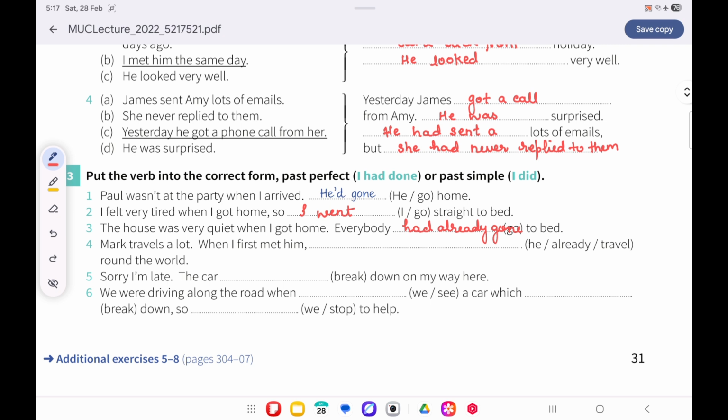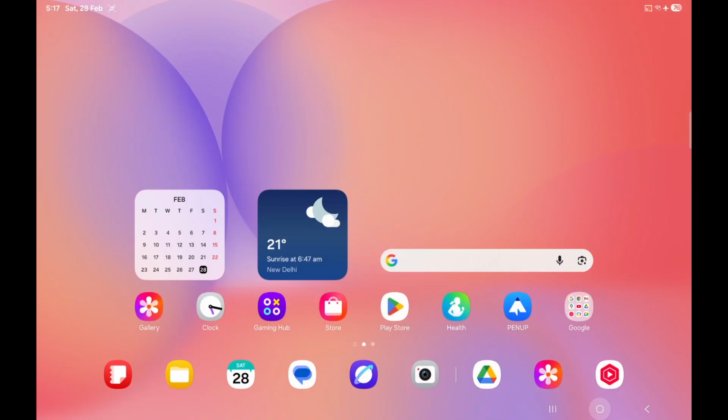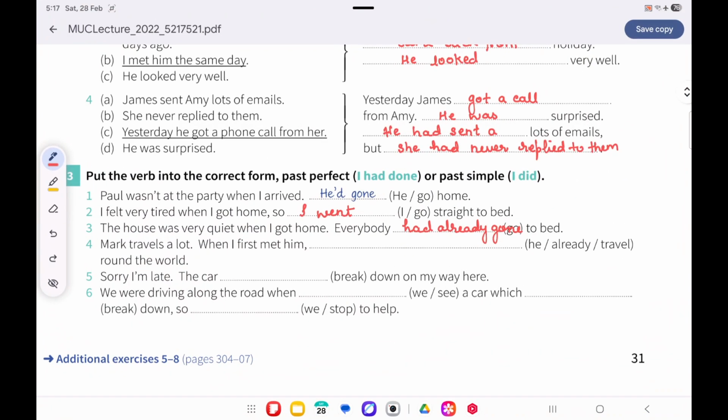Mark traveled a lot. When I first met him, he had already traveled around the world.